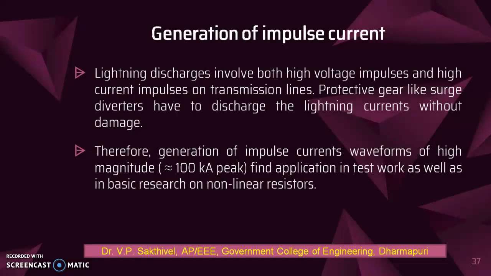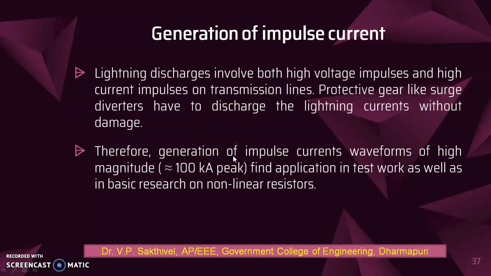Then next is the generation of high impulse current. Lightning discharges involve both high voltage impulse and high current impulse on transmission lines. Protective gear like surge diverters has to discharge the lightning current without damage.